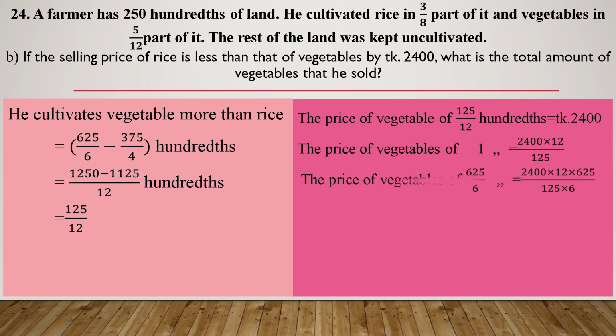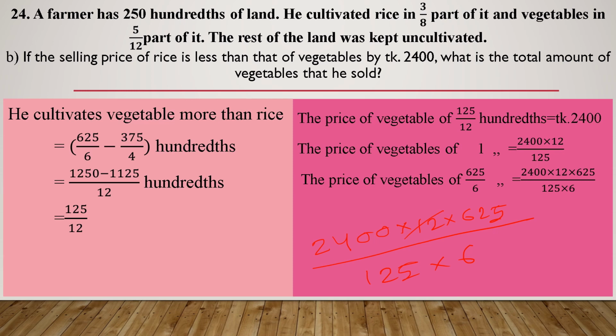Now the price of vegetables, that is 625 by 6, because the question is asking what is the total amount of vegetables that is sold. Vegetables is 625 by 6, that's why it will be multiplied. And if we reduce, what can we get? You can see the reducing part, my dear. 2400 multiplied by 12 multiplied by 625 divided by 125 multiplied by 6.